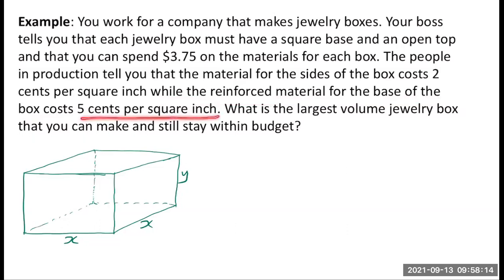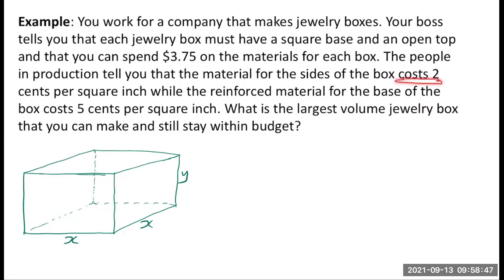Again, the unit price is given here, per area. What is the largest volume jewelry box that you can make and still stay within the budget? So that means you need to use this many dollars, and you need to make sure that your box has the largest volume possible with these restrictions.